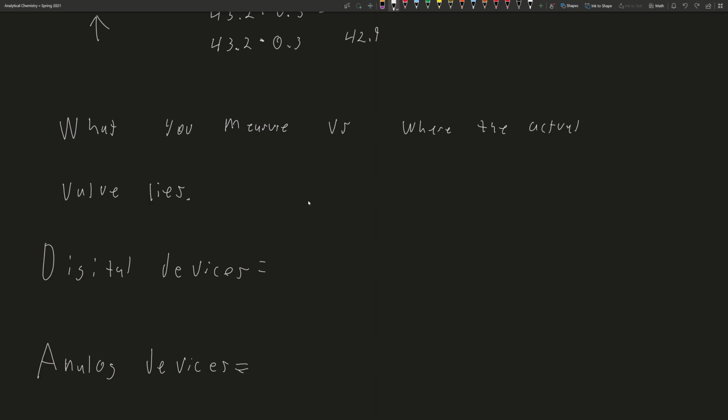So you could think of an analog device as measuring something as this smooth waveform, while a digital device is constructing waves that are the best representation of this smooth waveform.